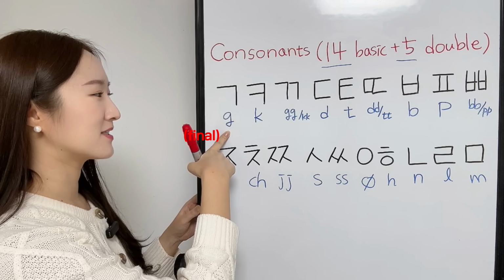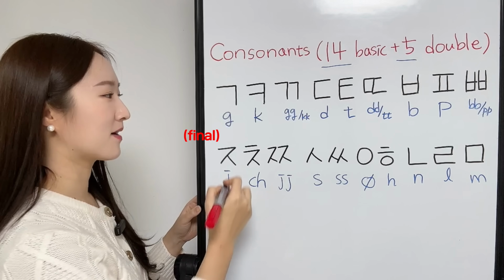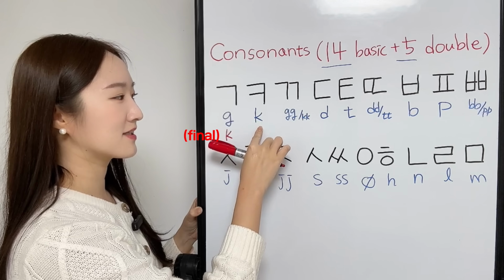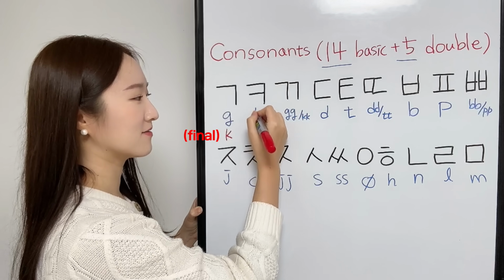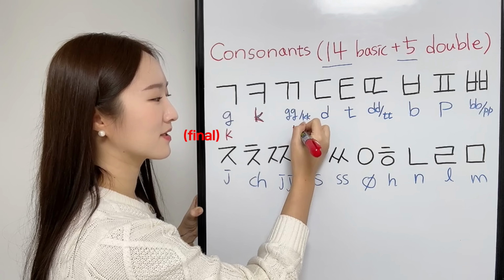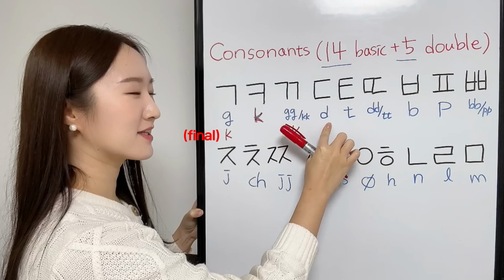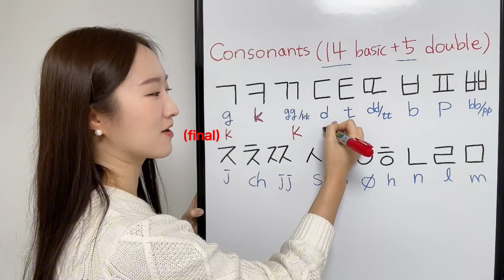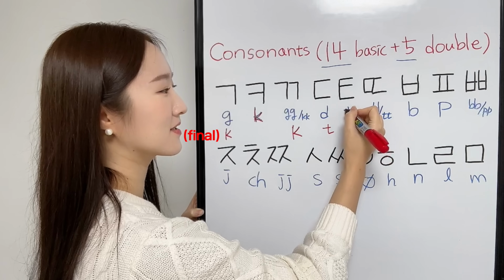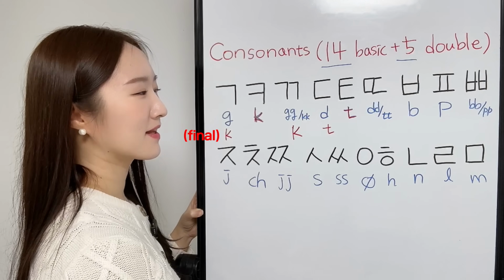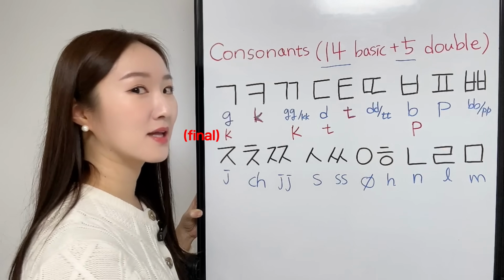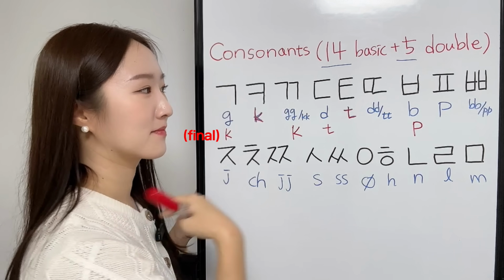This one is G sound, but it changes to K sound. And this one is the same, K sound. This one also changes to K sound. And then this one is D sound, but it changes to T sound. Also, T sound is the same. And this changes to P sound, up.